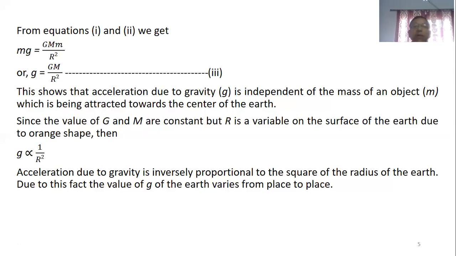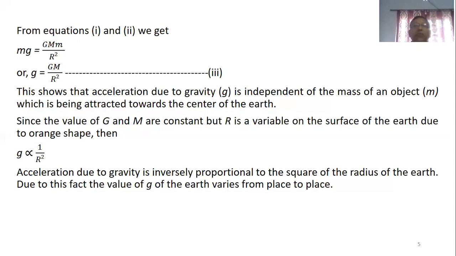That's why the value of the acceleration due to gravity at the equatorial region of the Earth is 9.78 meter per second square, whereas the value of the acceleration due to gravity on the surface of the polar region is about 9.83 meter per second square. And thus the average value of acceleration due to gravity of the Earth is equal to 9.8 meter per second square.